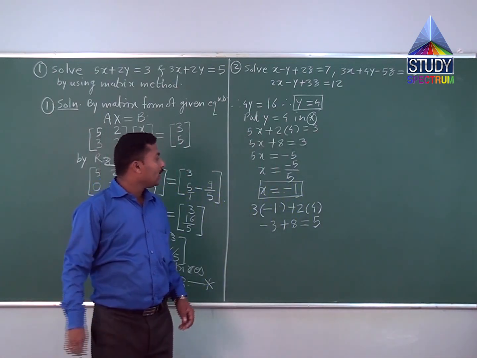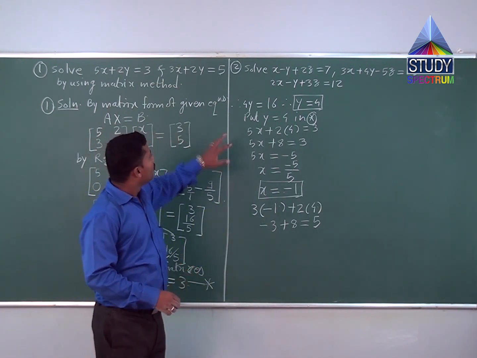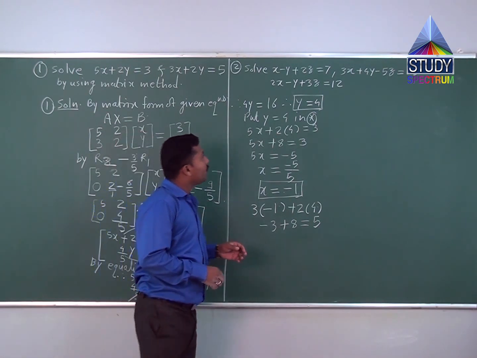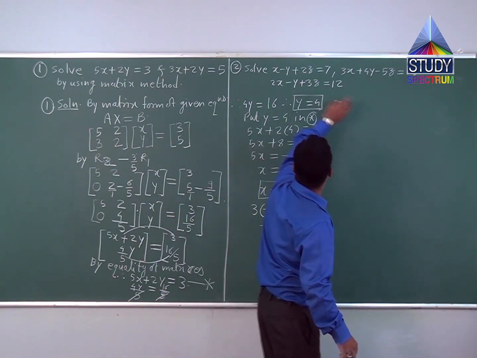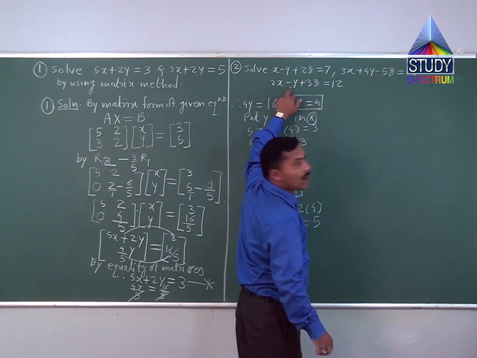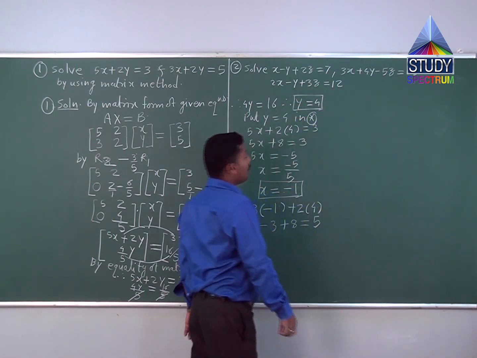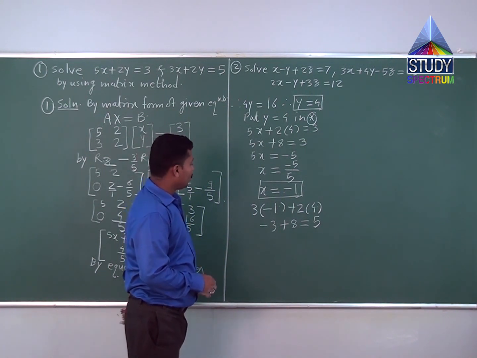Okay, so again we discuss one problem. Solve x minus y plus 2z equal to 7, 3x plus 4y minus 5z equal to -5, and 2x minus y plus 3z equal to 12 by matrix inversion method.